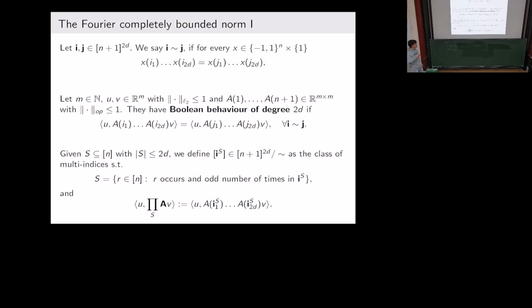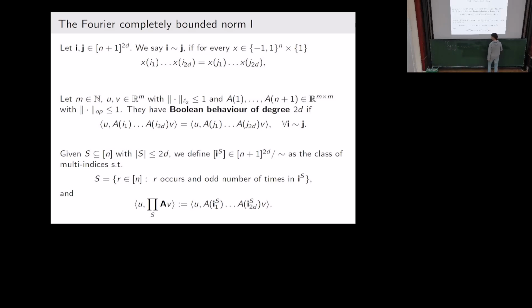So we are going to say that the elements that occur an odd number of times here correspond to the elements of S. And for every S, there is at least one element here that belongs to this equivalence class. So that is somehow also why we need this extra variable.